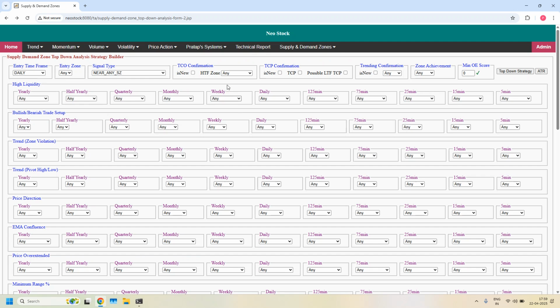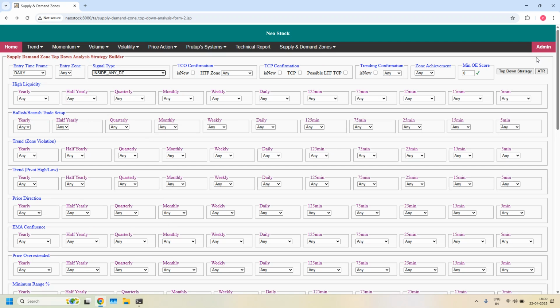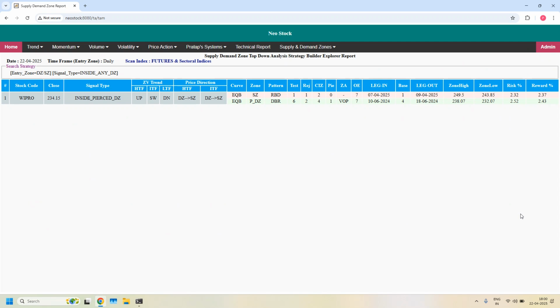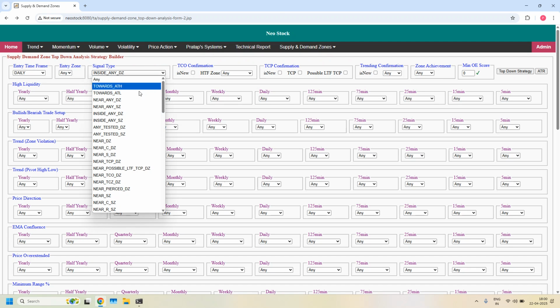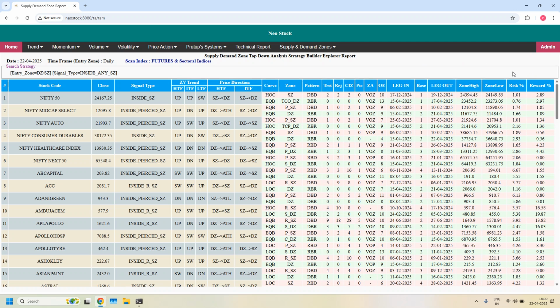Next, price closed inside the daily demand zone. We got 1 stock. It is a pierced zone. Okay, next, price closed inside the daily supply zone. We got a big list. First 15 stocks in the list.